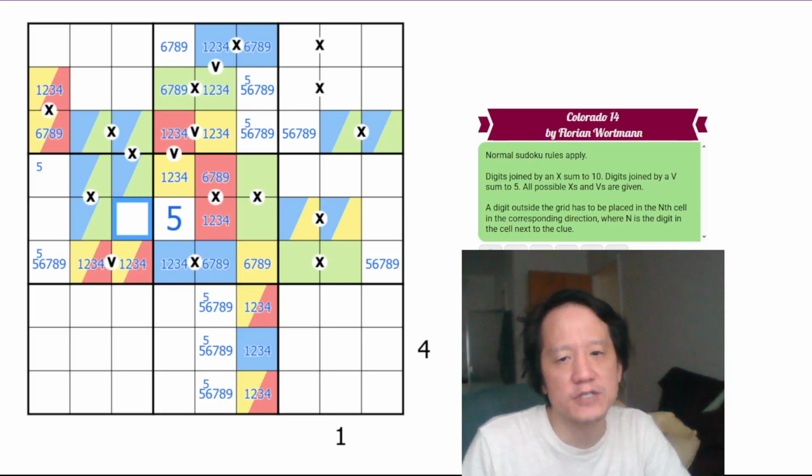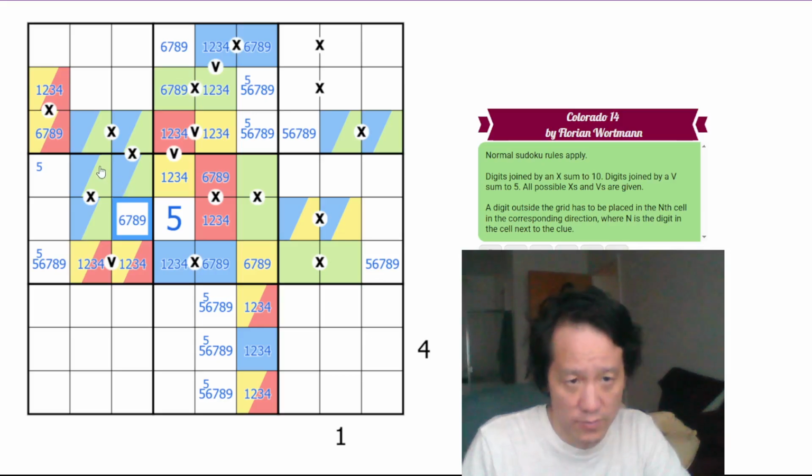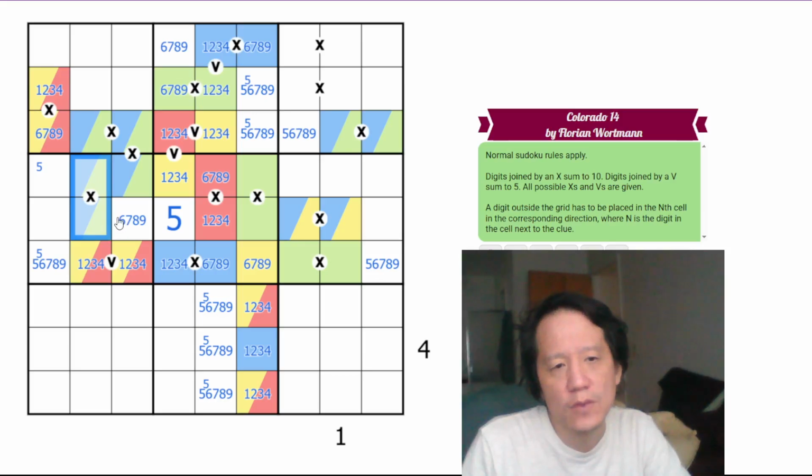And can't be 5, so it's 6 through 9. Right, because this is a different set than this one. So this must be red or yellow. We're not sure which.